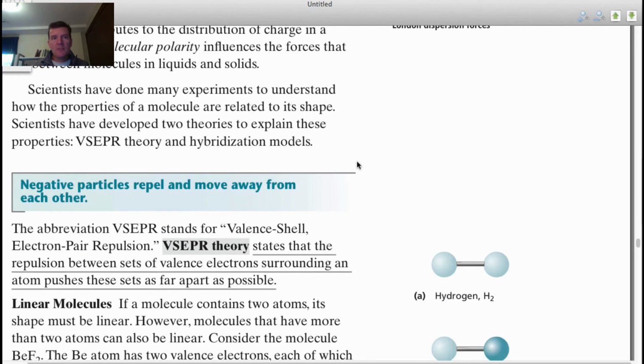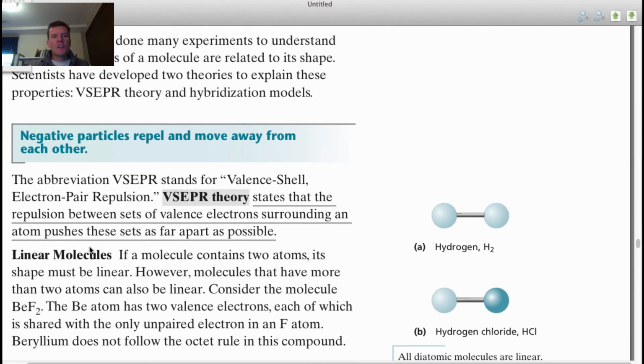So here is your underlying idea or principle when considering the shape of a molecule. We're going to call it the valence shell electron pair repulsion, and basically that is just VSEPR. We put it all together and we say the VSEPR theory.